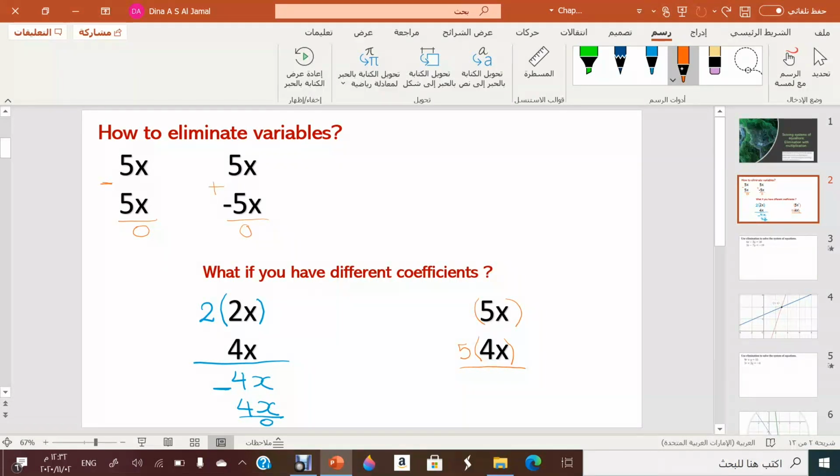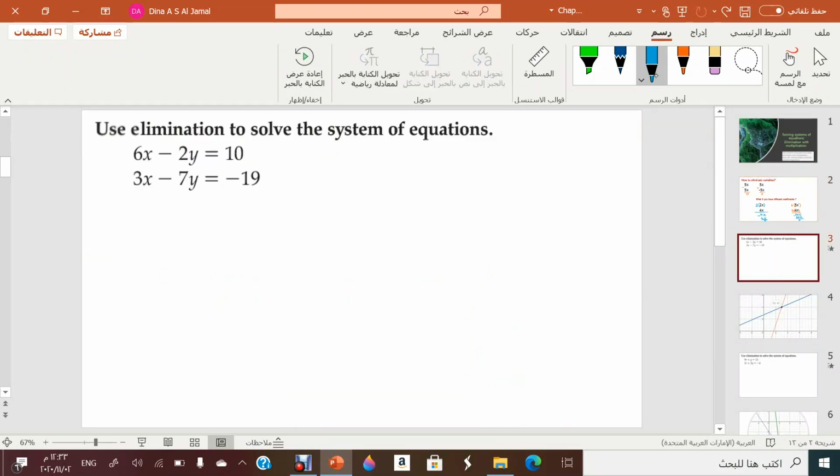So this by 5 and this by 4, which will give you 20x and here 20x. Same sign, subtract, you will get 0. So that was the beginning of our lesson.